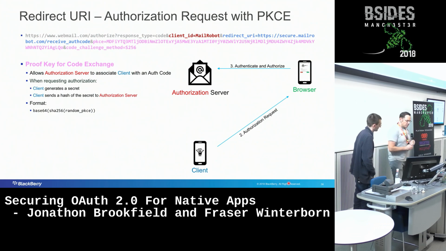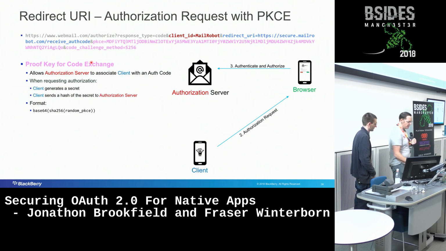When the client is making an authorization request, in the OAuth 2.0 native apps RFC they defined a new part of the protocol called proof key for code exchange.